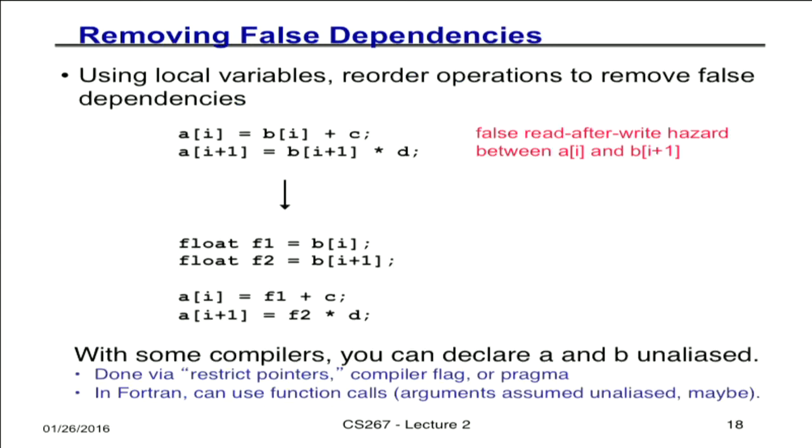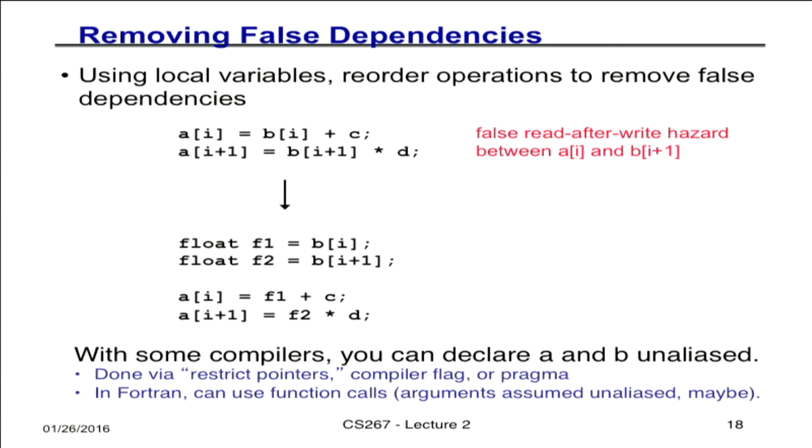So what are some of these other things that you may want to look at in general for matrix multiply or for other algorithms? One of them is removing false dependencies in the code. So in this particular code, we've got just these 2 statements here. So what's the problem? Well, one of the things that compilers have to do in order to figure out that they're going to do almost any optimization in your code is they need to understand what statements are dependent on what other statements.